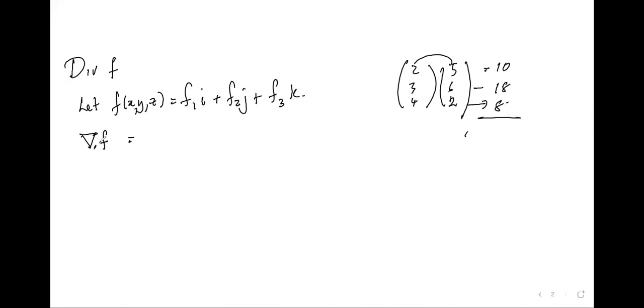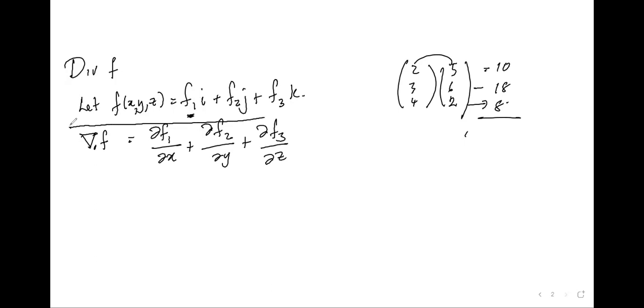So if we take the dot product of the cross product, then what we're going to end up with is we differentiate the first term with respect to x, the second term with respect to y, and the third term with respect to z. So this is my definition.